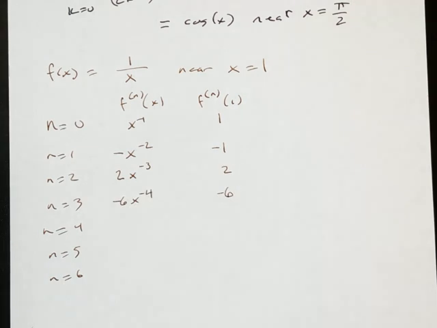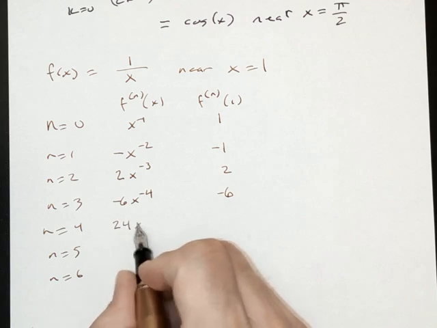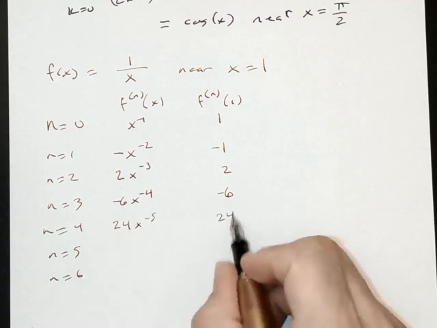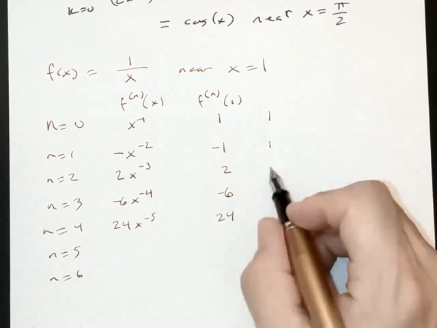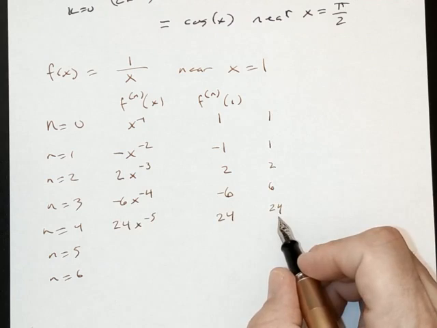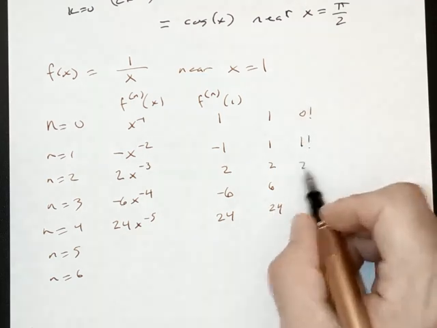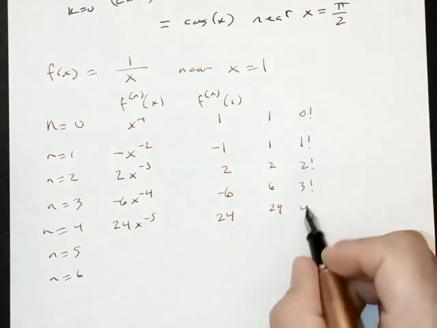Wait a second. The next one. 1, 1, 2, 6, 24. I know those numbers. 0 factorial, 1 factorial, 2 factorial, 3 factorial, 4.